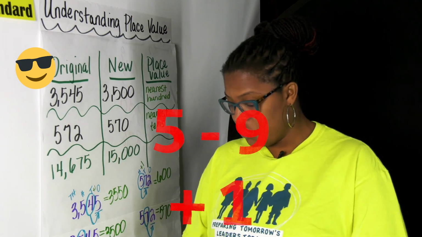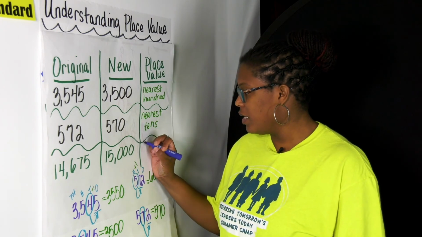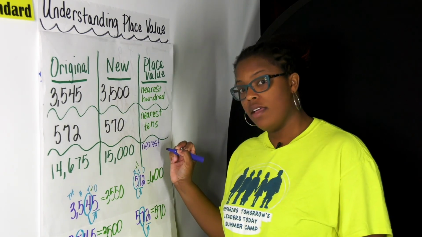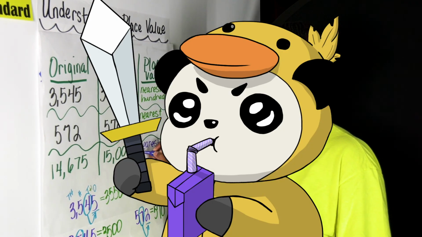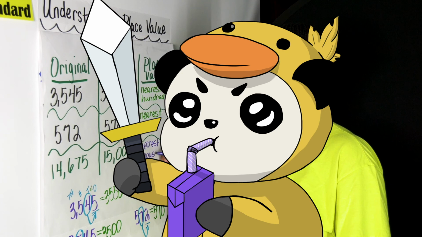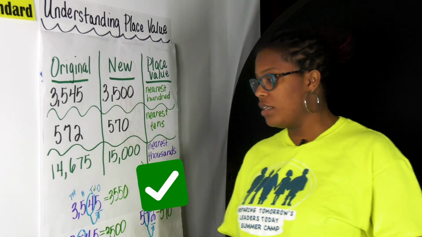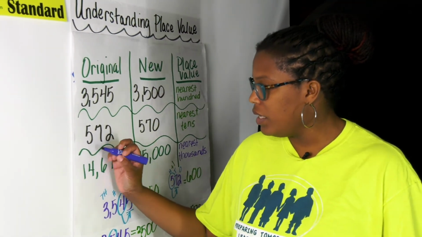All right, you should have that by now. The correct answer was the nearest, superhero mathematicians, you all should have gotten the nearest thousands. Okay, and I'm just gonna show you how you did that. If we round to the nearest thousand, find the place value.